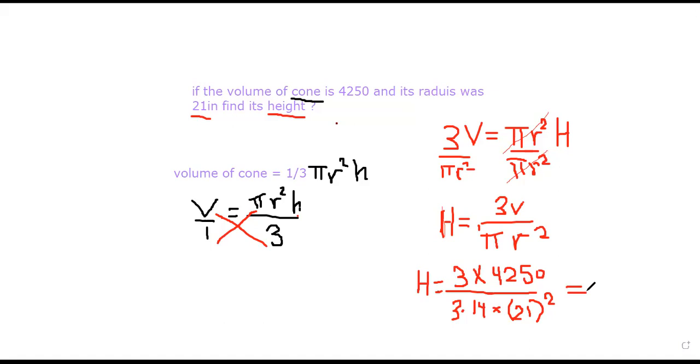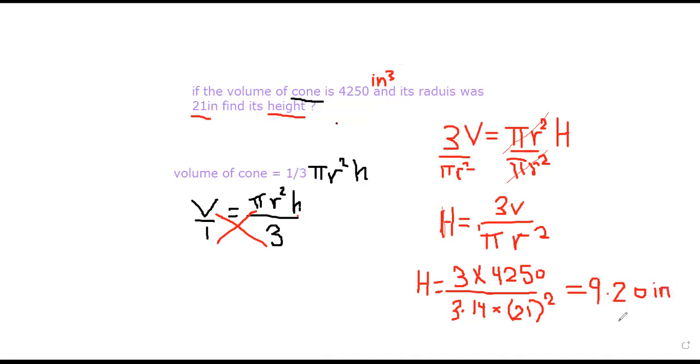Yes, Johanna, 9.20. Okay, and this one was the height. Then we will use, for example, if this one was inch cubic, so the height will be only inch.